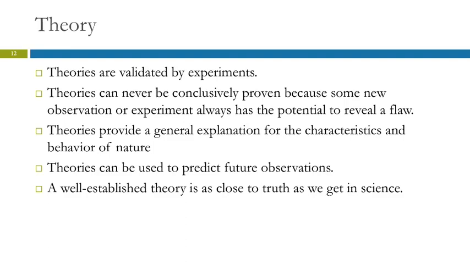Theories are also validated by experiments. One thing that's a little disturbing is we can never prove anything to be correct. So we come up with a theory, like Dalton's atomic theory, and there's no way to prove that that's correct. We can try to prove it incorrect, and if we cannot prove a theory to be incorrect, then we say, well, this is what we believe to be true.